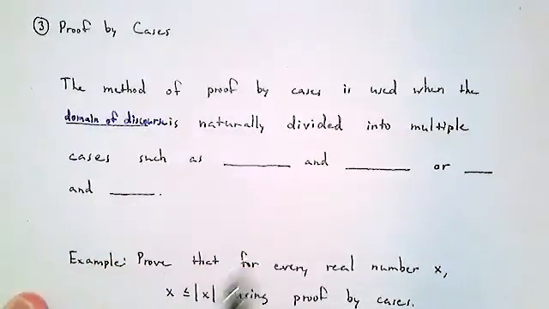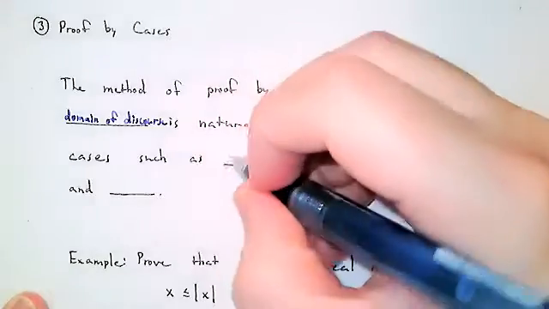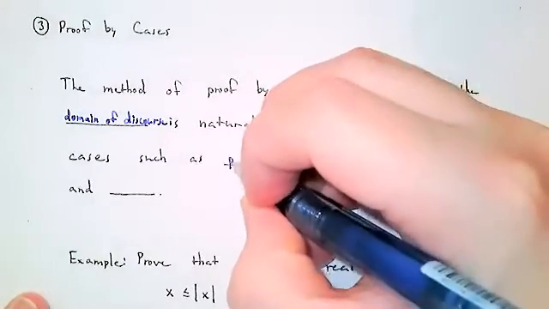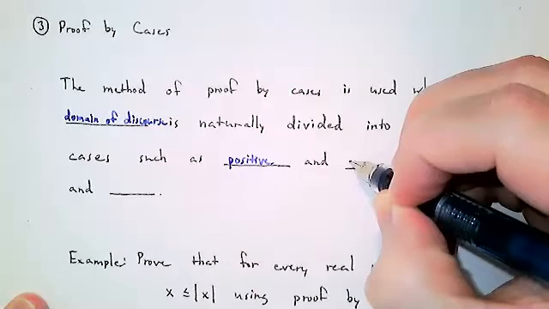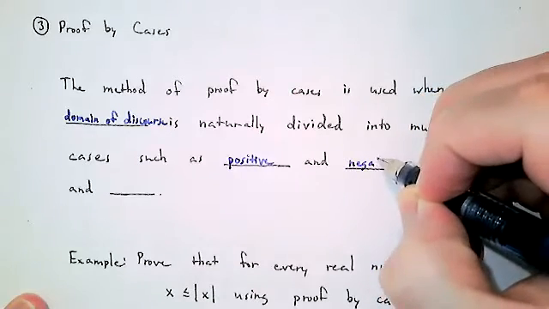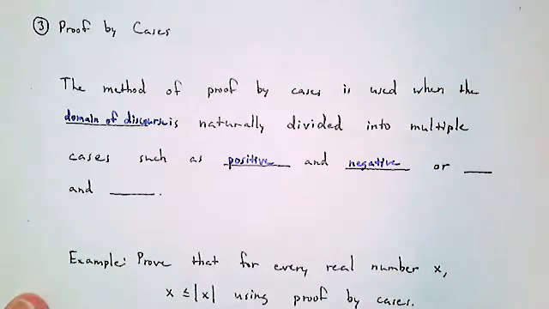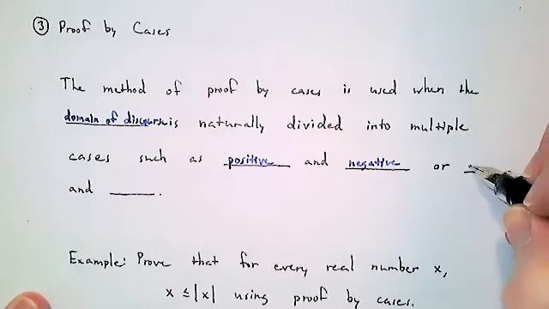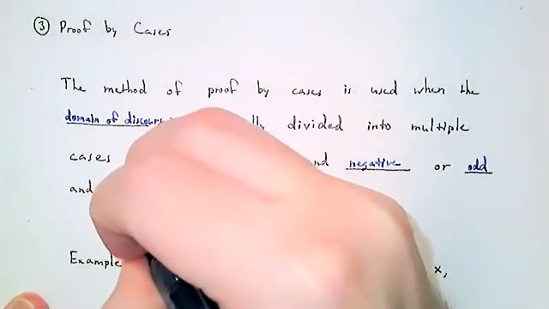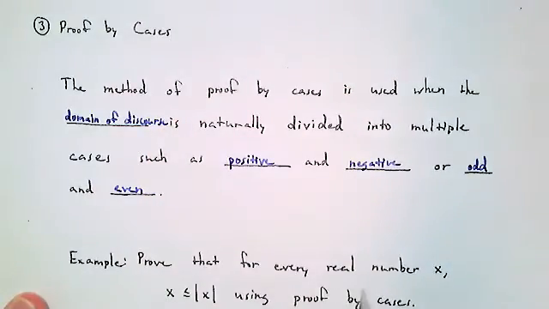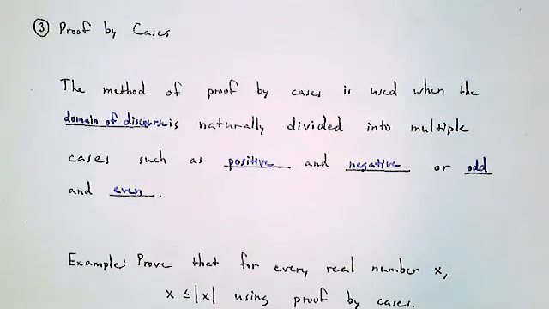So you might be dividing up into maybe positive and negative numbers if you're talking about real numbers. Or if you're talking about integers, maybe you want to split them up into odd and even integers because sometimes they behave differently depending on what you're doing.